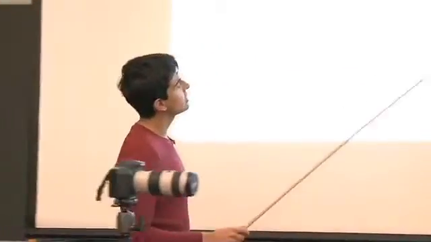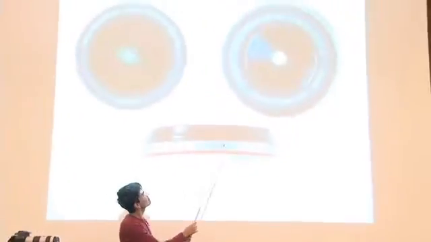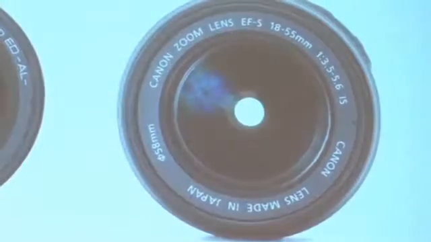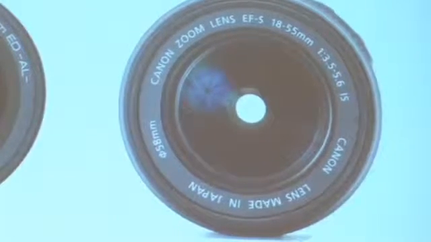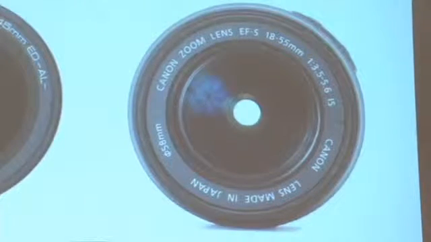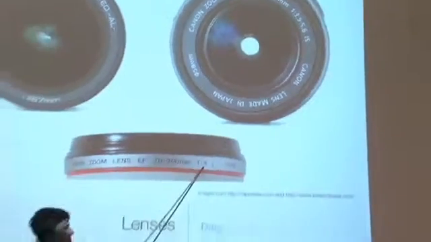Now, typically you will see a lens like this, especially when the lenses are more inexpensive. You will see that the maximum f number varies within the zoom range. But as you get into the more expensive lenses, you will sometimes see that the maximum aperture actually stabilizes.